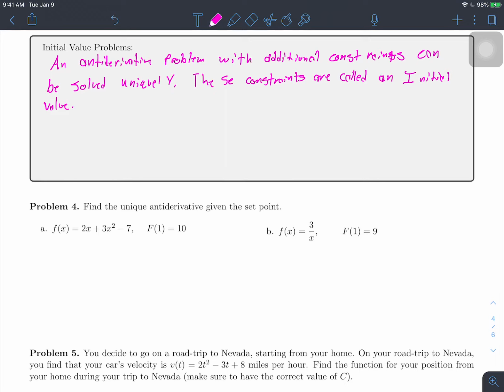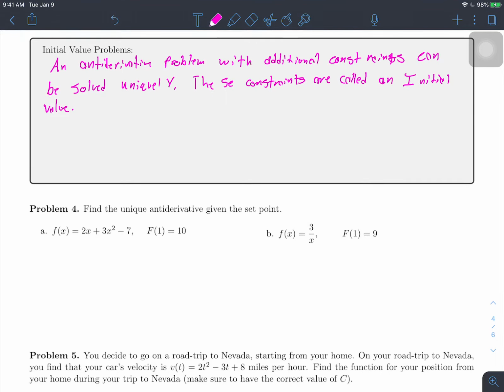But if I said has brown hair and is really tall, then you'd know that I'm talking about, well, I guess either Dylan or Sam, probably. Okay? So if I'm more specific, I can narrow it down further. So if I couple an antiderivative problem with an initial value, then I can make it specific.